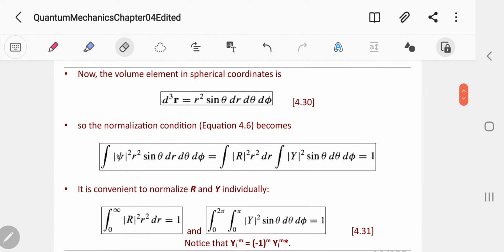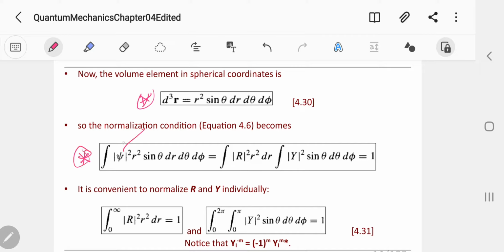So the volume element in spherical coordinates is this one here. We have d cubed r, that's r squared sine theta dr d theta d phi, and the normalization condition would be given by this.